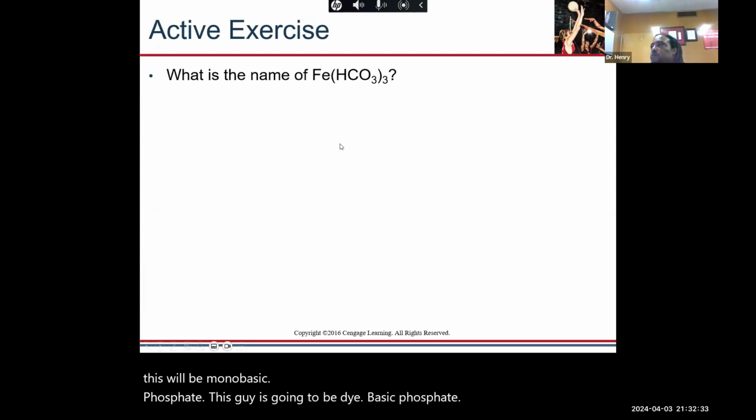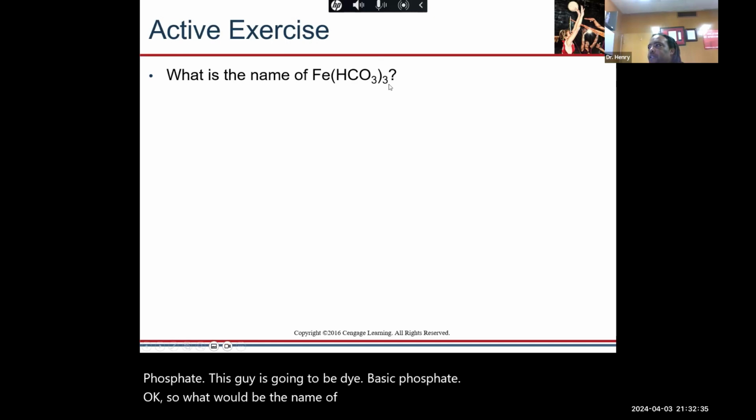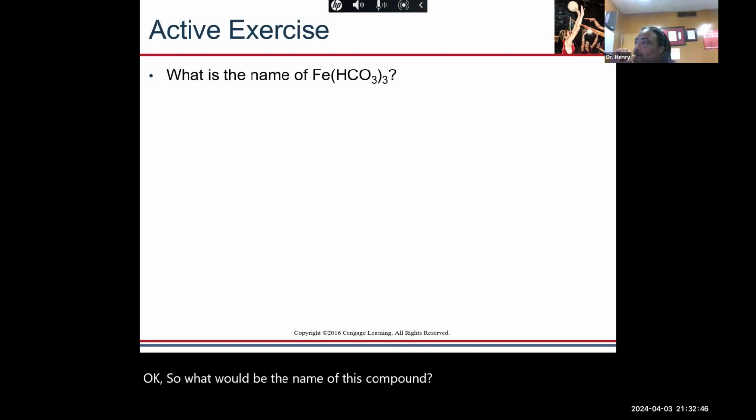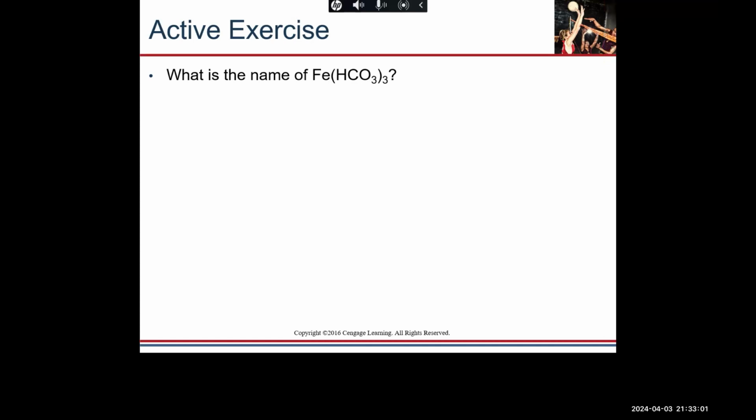Okay, so what would be the name of this compound? Iron bicarbonate. Okay, are we forgetting anything?